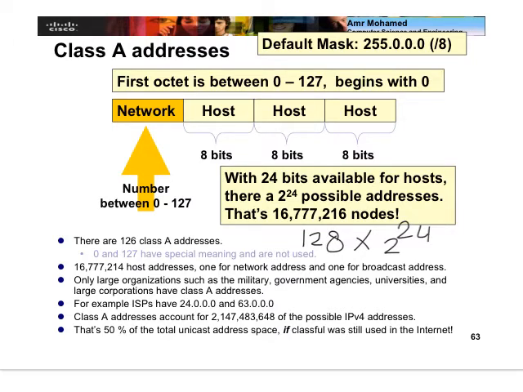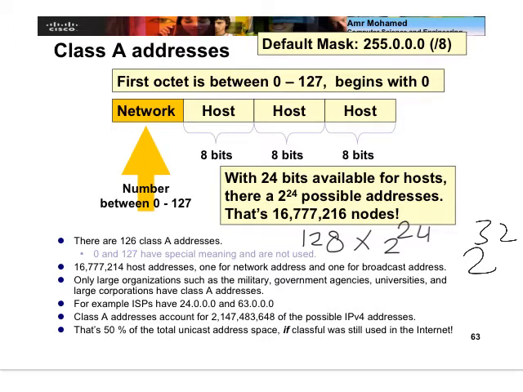Of course, there's a minus 2 in the host count. So this is actually 50% of all the IP addresses, the whole IP address domain. If you calculate how many possible addresses we have in all classes, it is 2 to the power 32, right? 32 is the number of bits that we have.